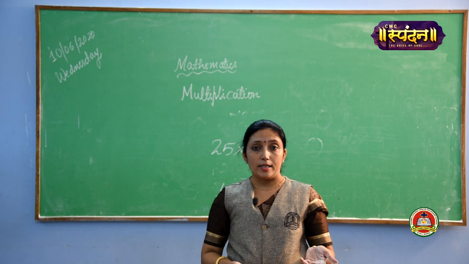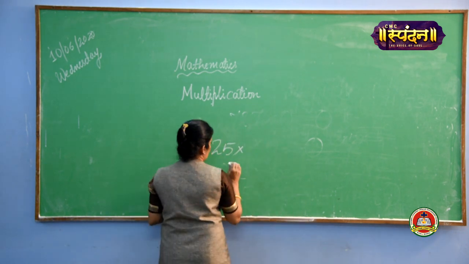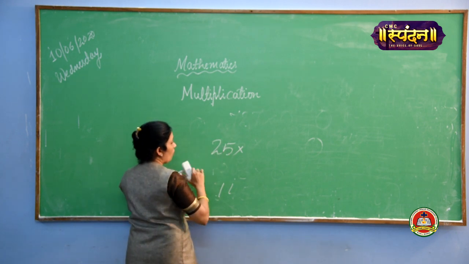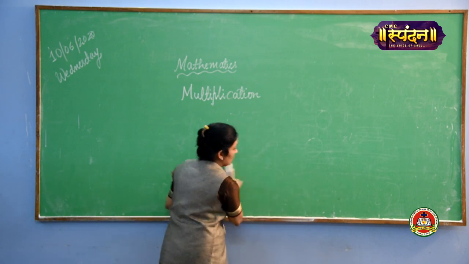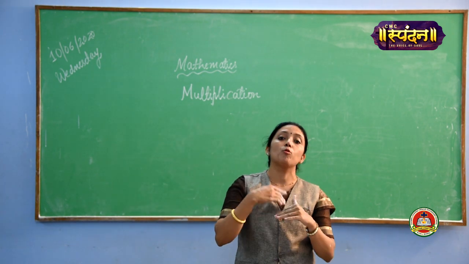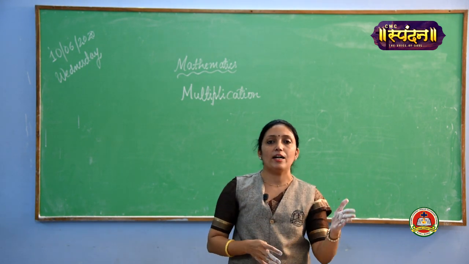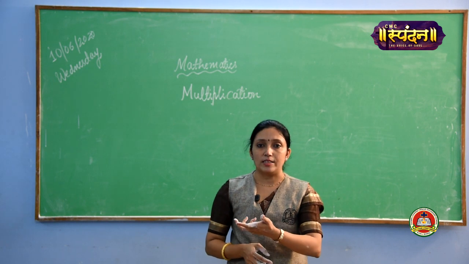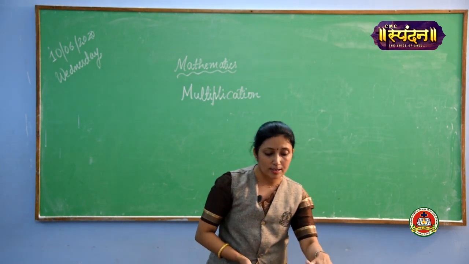Commonly we have learned what is an even number. The multiples of 2 are even numbers, and those which are not multiples of 2 are odd numbers. When you get to the multiples and factors chapter, we will cover these concepts once again. But simply it's a property, so I am just explaining it in simple words.